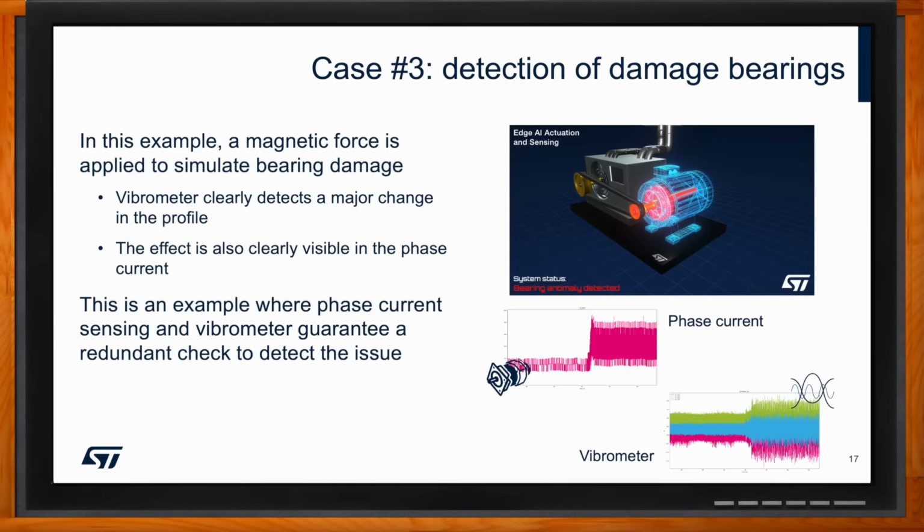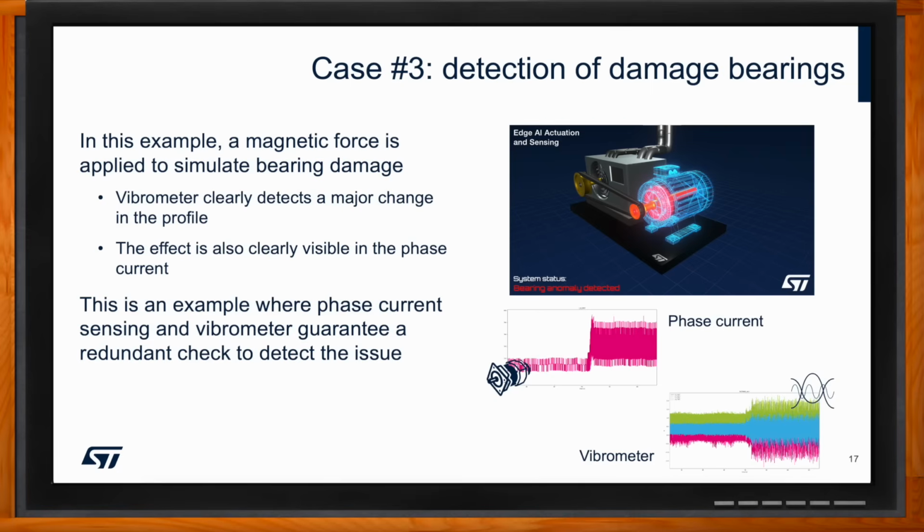Now, in this case, having the possibility to run an algorithm that uses both these signals, being the event visible in both sensors, clearly will lead the algorithm to improve its sensitivity and be able to detect the event in a better way.